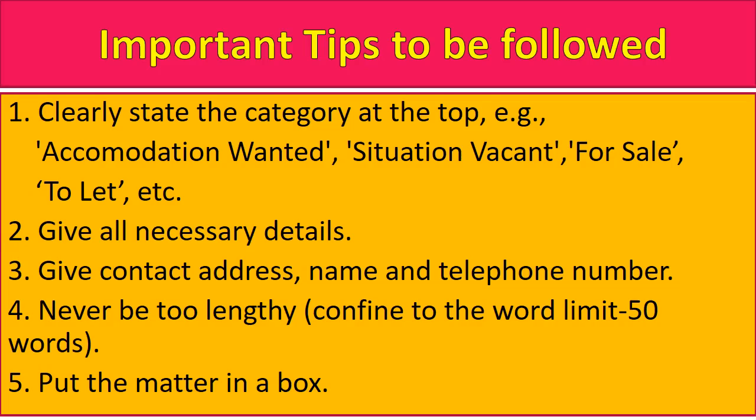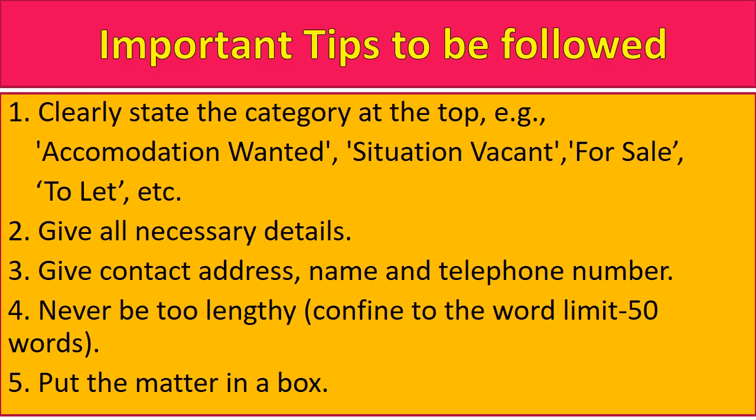Now here are some important tips which are to be followed while writing an advertisement. Clearly state the category at the top. For example, accommodation wanted, situation vacant, for sale, to let, etc. So when we write an advertisement, in the first line, you are supposed to state the category under which you are writing your advertisement.